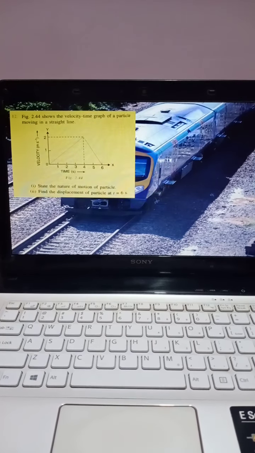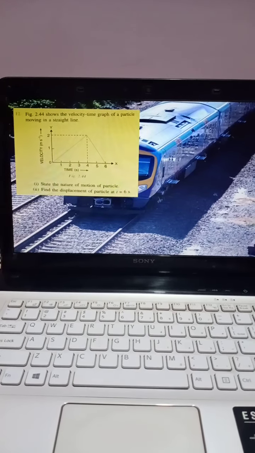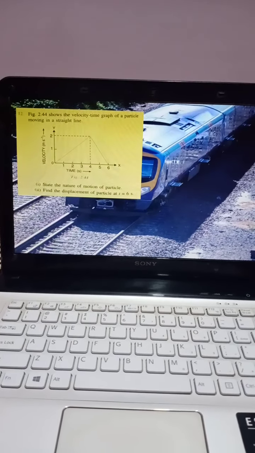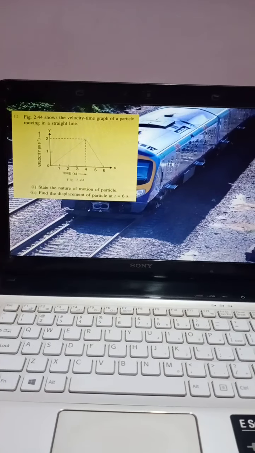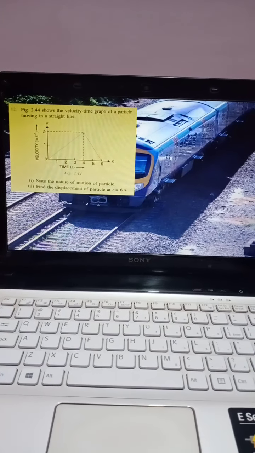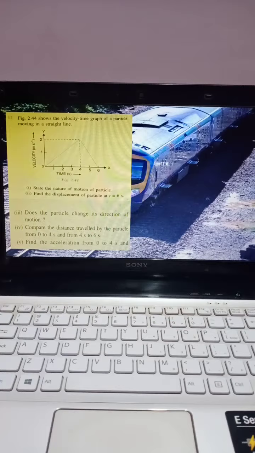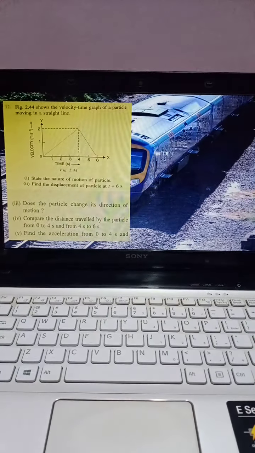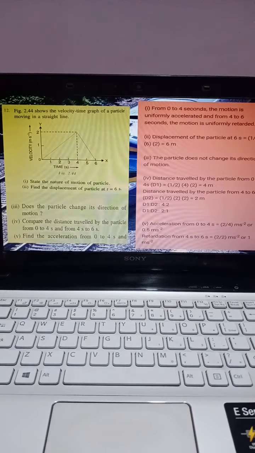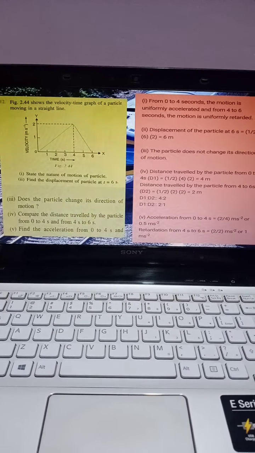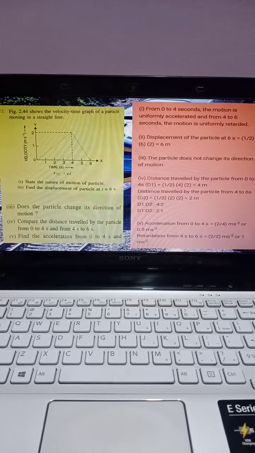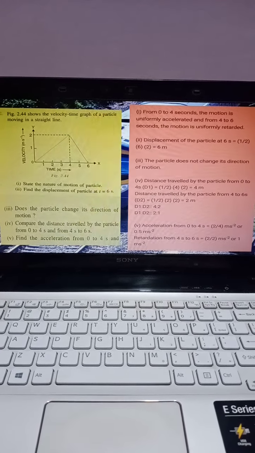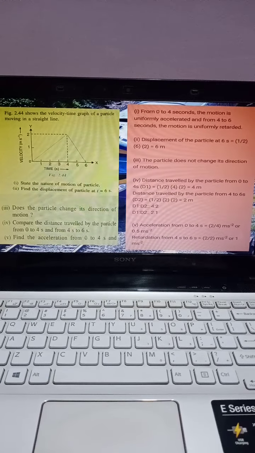Then for this figure, this is another velocity time graph. We are going to find out the displacement at t equal to 6 seconds, so from here to here, 6 seconds. The first question is: state the nature of motion of the particle.